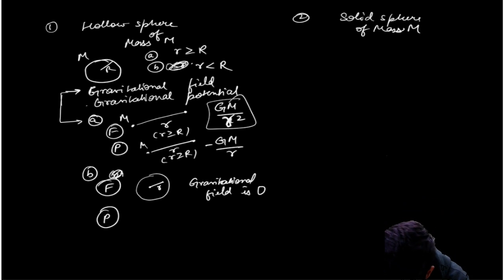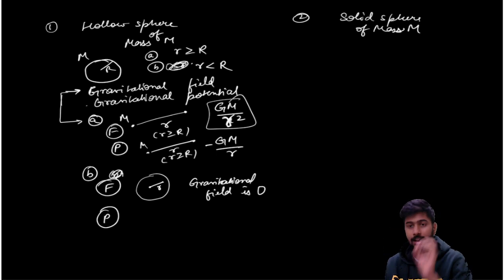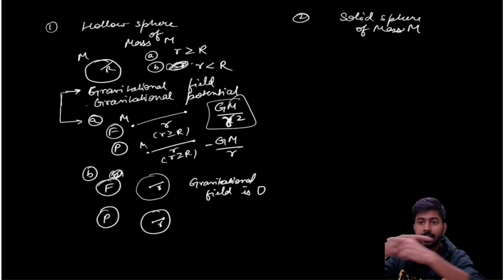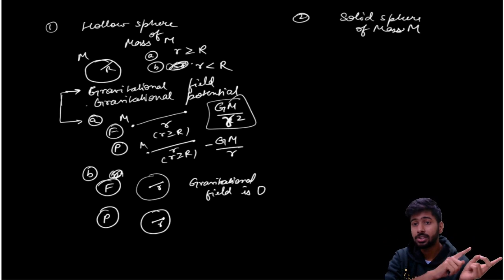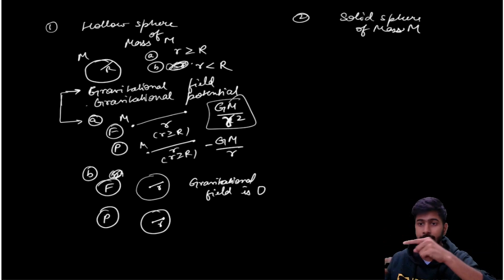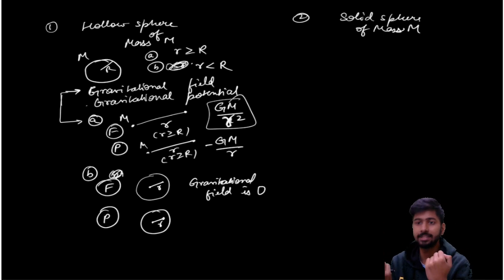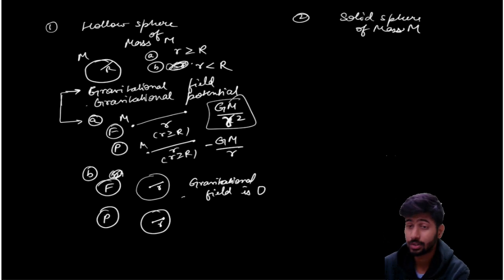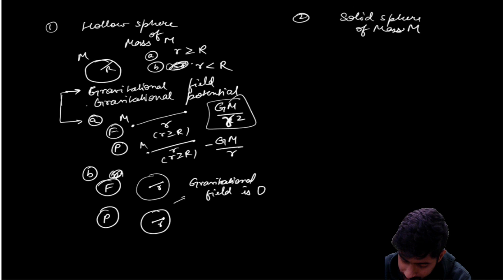So here, if I ask you what is the gravitational potential at this point, the answer will be the amount of work an external force does. And what does it do work against? We have already seen in that diagram, it does work against the gravitational force that was trying to pull it. So first, I'll have to do work to bring a mass of 1 kg from infinity to the surface, and then from the surface to inside.